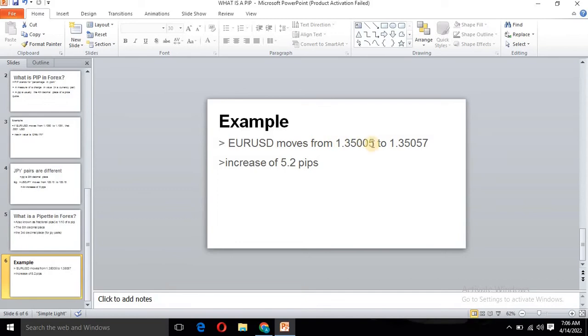As you can see, when you take this one minus this particular one, you're going to have, since you were told to count the 4th decimal place, the 4th decimal place in pips, while this last one is in pipette. So which means we have 5 pips and 2 pipettes, right? Which means the price moved in an increase of 5.2 pips. That's the best way to understand it, guys.